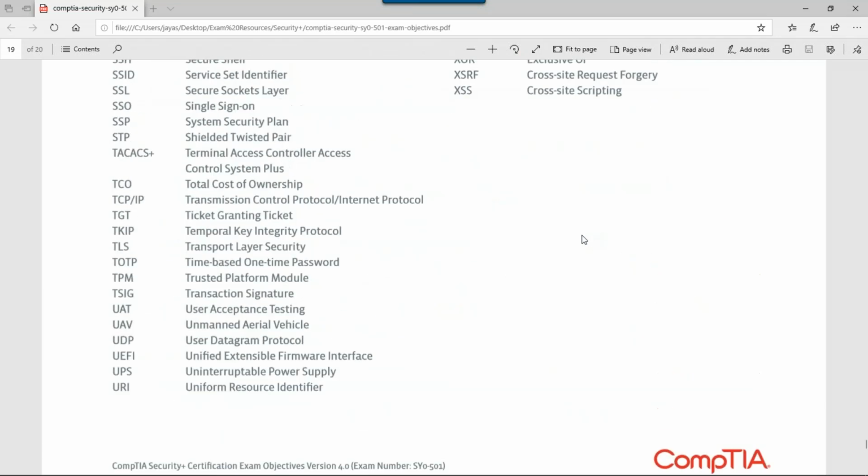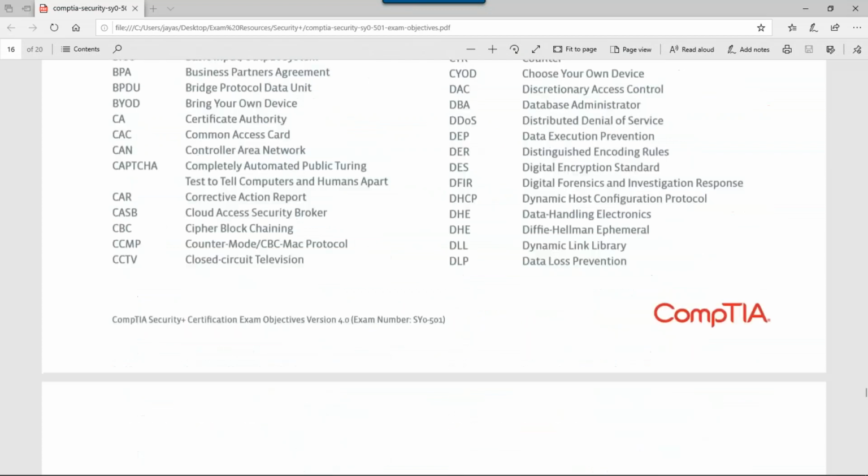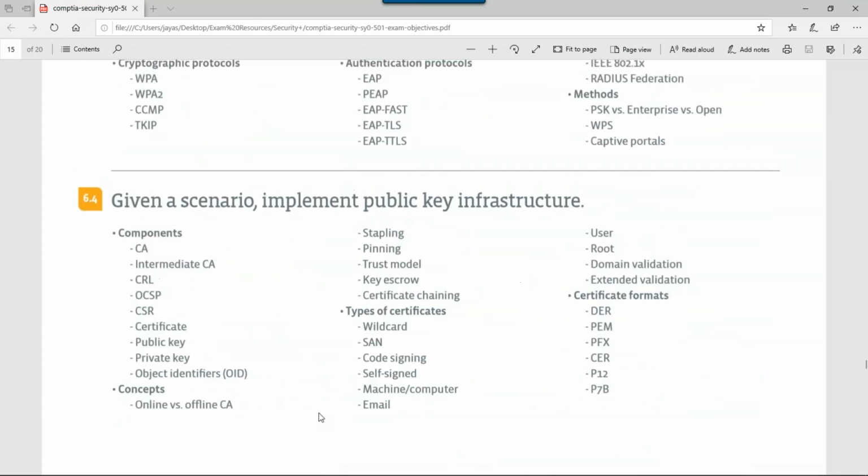Just prepare the same way you prepare for A+. Go through the objectives. Make sure that there's nothing in here that you don't get. And if there is something you don't get, then find a way to figure it out. There's tons of training outside of the stuff that we provide you. And we provide you a lot, but there's a lot of other resources out there that can help you understand this stuff better. So if the stuff that you're using isn't working, then just find something that does. That's kind of what I had to do, and a lot of other people.